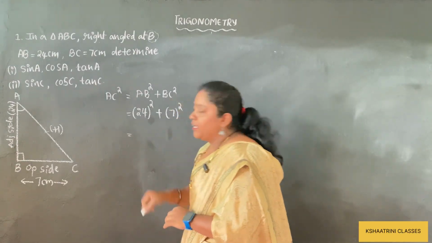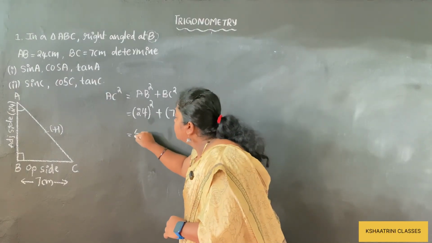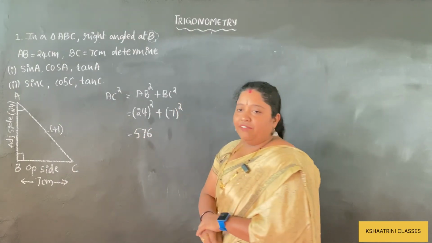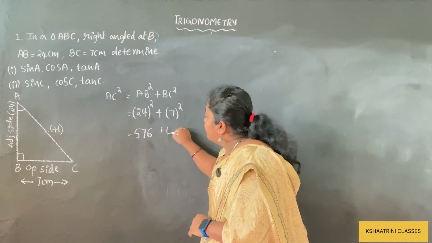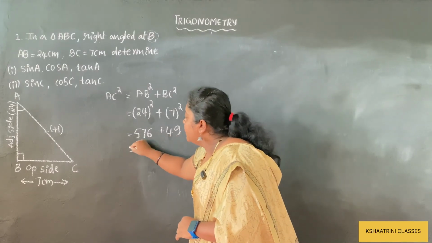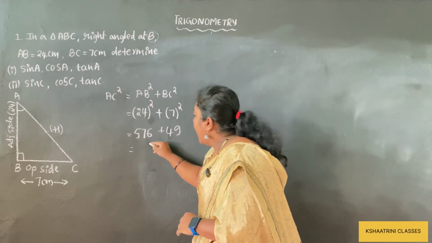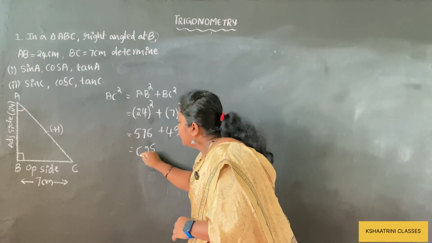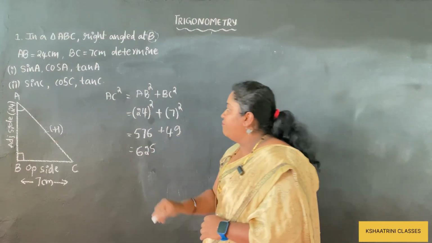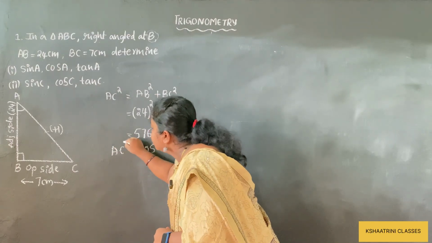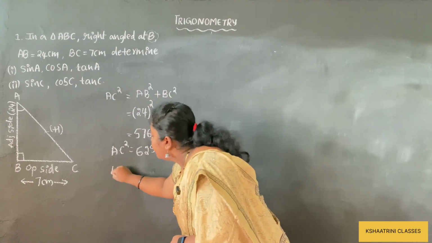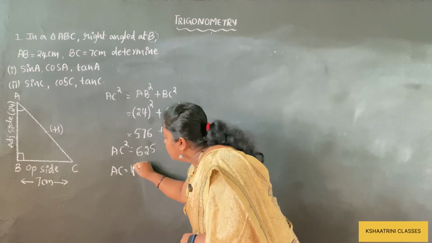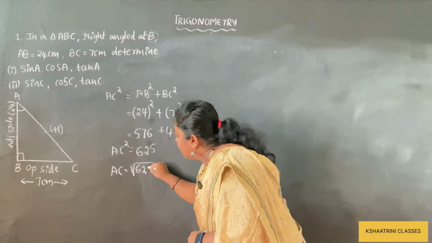We have to calculate it very quickly. 24 square is how much? 576 plus 7 square is 49. So we'll add up: 9, 6, 15, carry 1, 12, that is 625. AC square is equal to 625, where AC is equal to root 625.